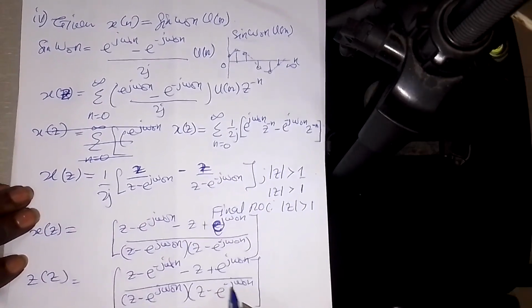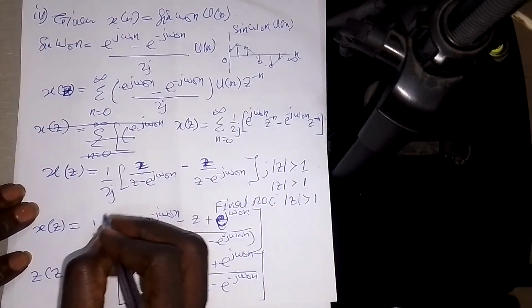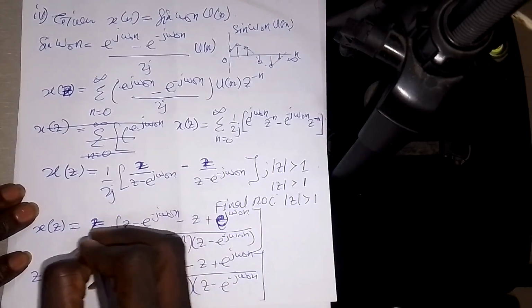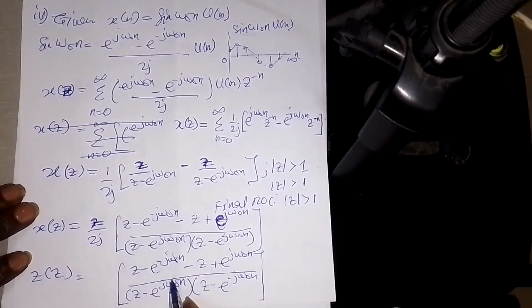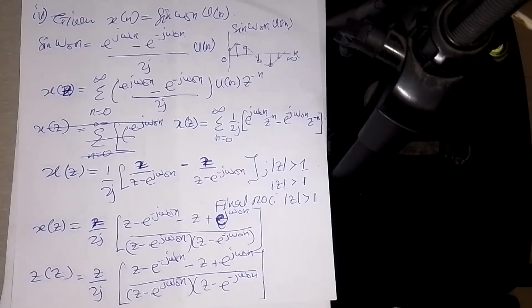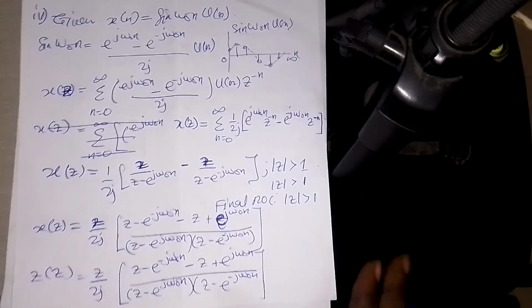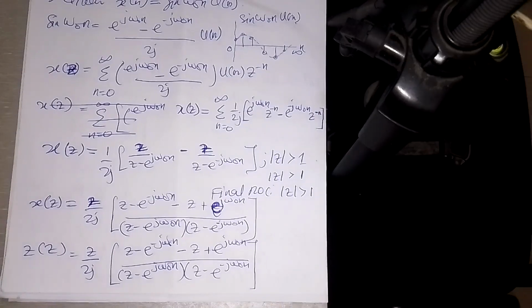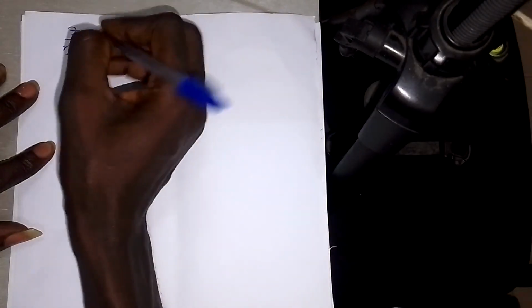So now if I bring my Z out, then I'll have Z over 2J, then I'll still have Z over 2J. So that is what I'm going to have, all right. Okay, so now moving on from there, we are going to actually have Z over 2J, Z over 2J.